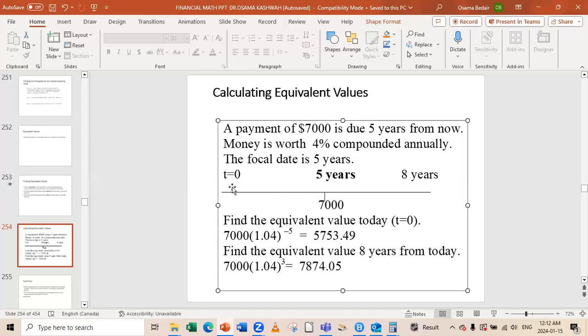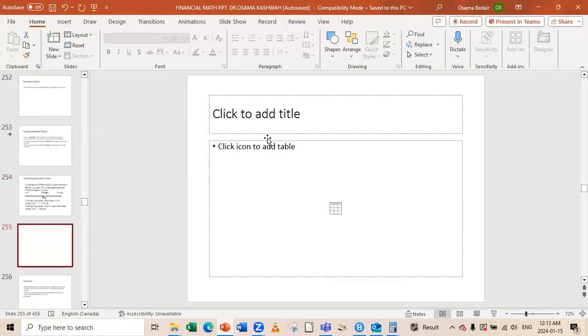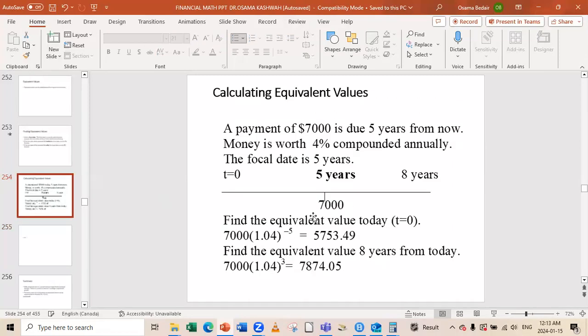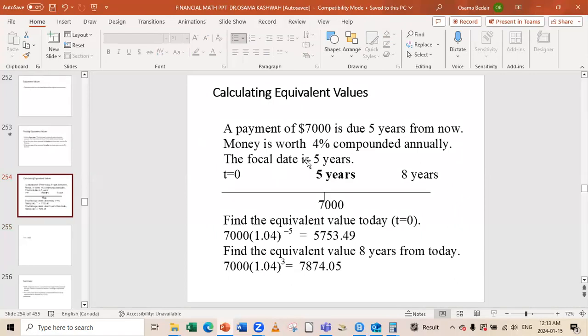So here now, the first thing is to get a new slide so that we'll see how we will work in it. The future value will equal 7,000, and you want its value right now. You want the value now.